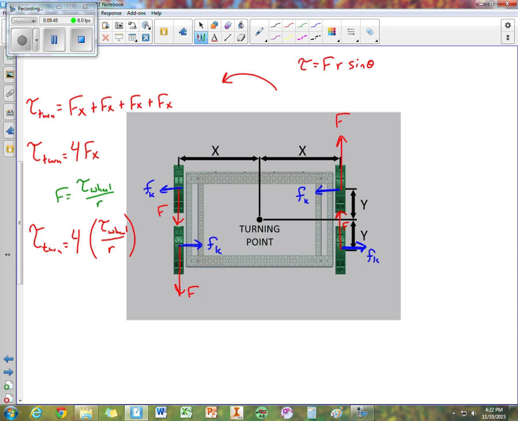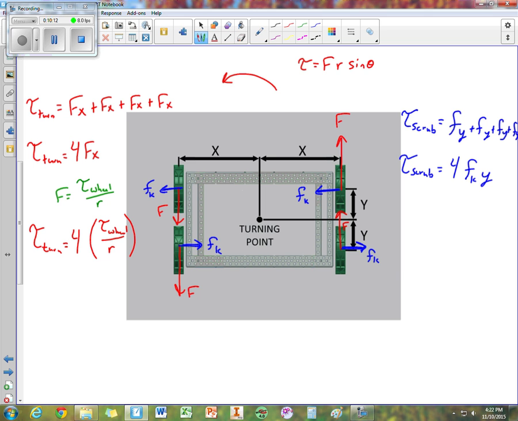And that adds up as well. So the torque for the scrub equals friction times y plus friction times y. So basically, this turning scrub equals 4 times the kinetic friction times that distance y.